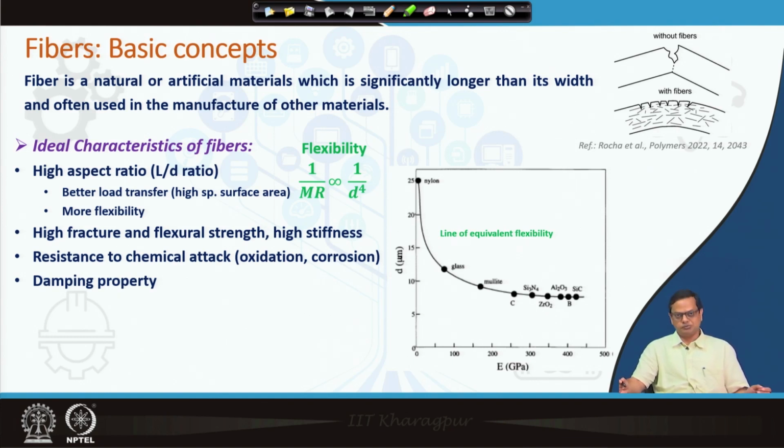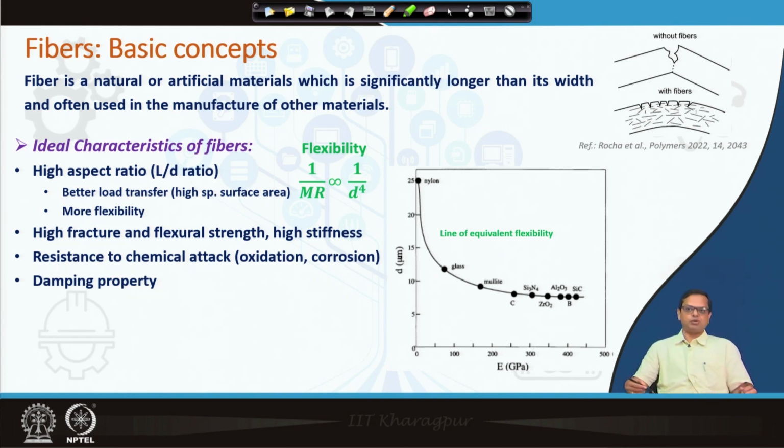The first reason is that if we have a high L by D ratio, then the specific surface area of fibers increases. If we have long fiber and small diameter, obviously the specific surface area increases, and with increasing specific surface area, load transfer from matrix to reinforcement improves.